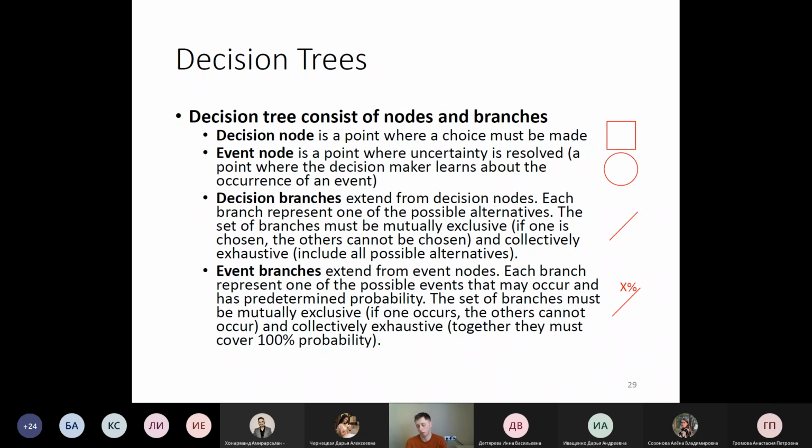After an event node, we have event branches. Event branches have some probability because there is uncertainty, and we somehow estimate what can happen, and we estimate the probability of each event that might occur. On a decision branch, there is naturally no probability because it's a point where we would make a decision.